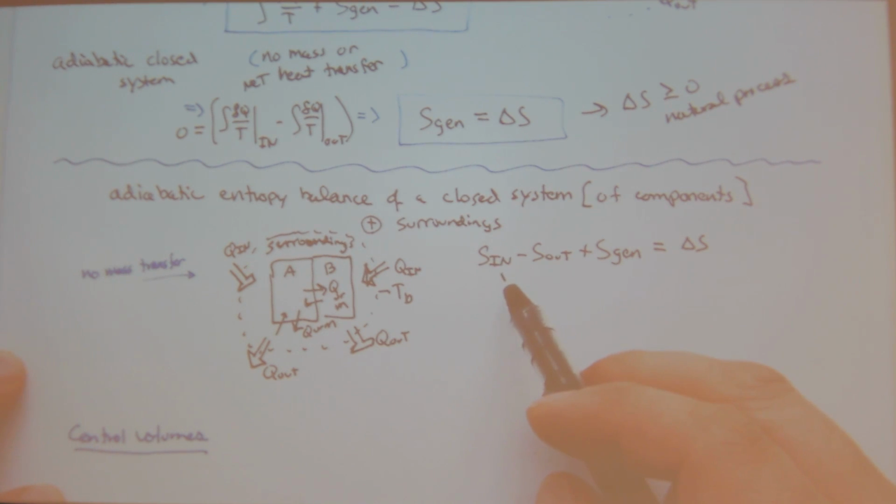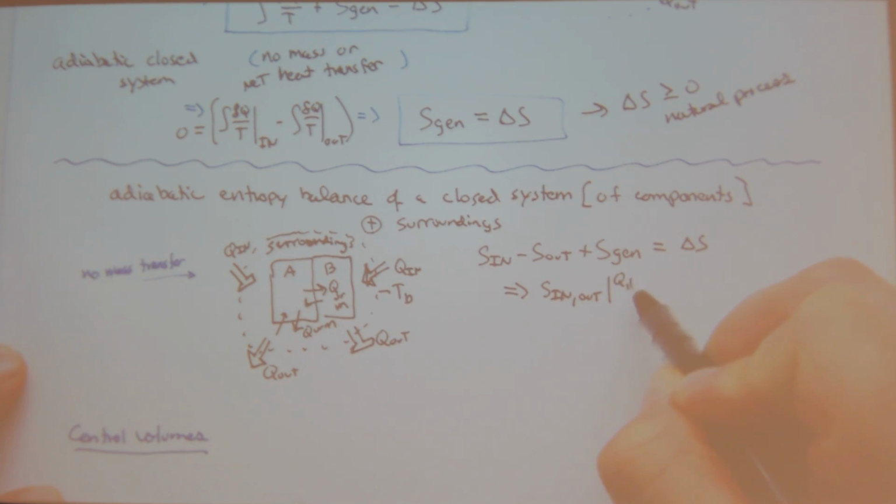So the heat form is, and there's no mass transfer across the boundary, so I know that both of these are going to be equal to 0. Which then gives me S gen equals delta S. So I have S gen equals delta S. Well, now I have a system, right?